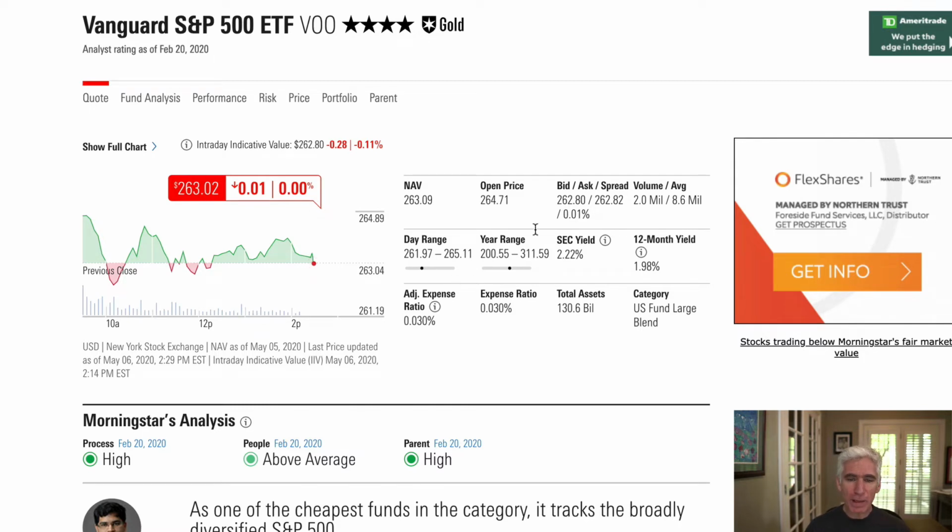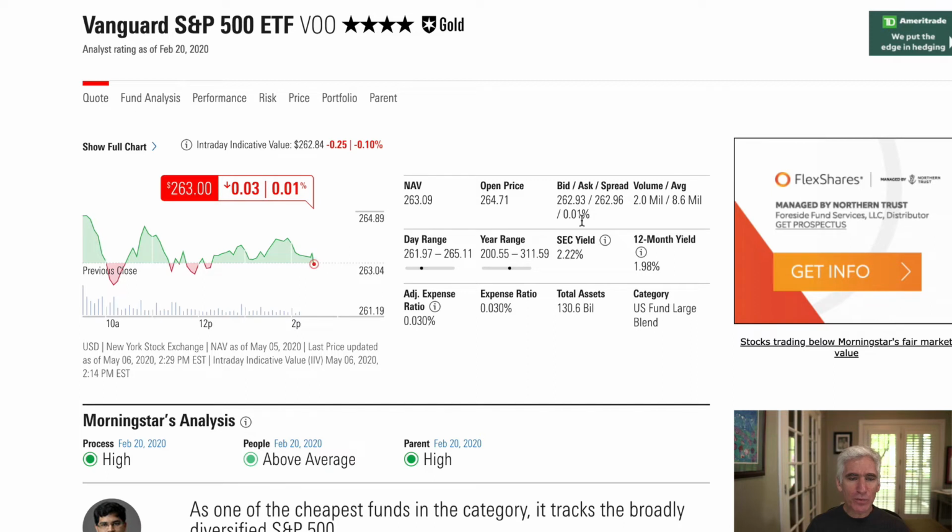Now, you can see some other data, and this is again because it trades like a stock. So you're seeing the bid and ask and the spread. That is what people are willing to pay for the shares of this ETF, what people are willing to take if they're trying to sell shares. You can see the spread is insignificant, 0.01% based on this data.